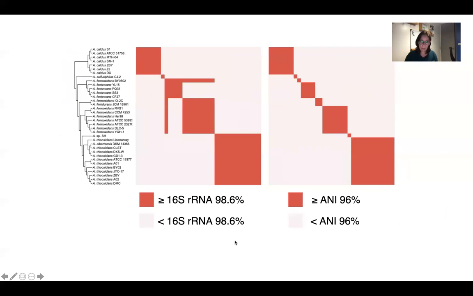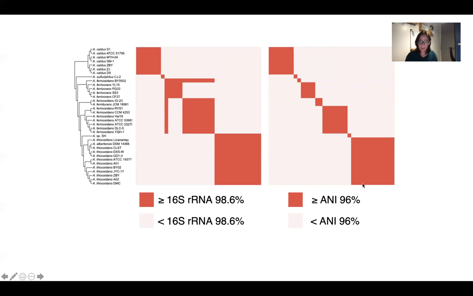So if we keep using the actual cutoff value used for species definition, we obtain 5 groups. However, if we use the new methods such as multi-locus sequence phylogenetic tree and whole genome analysis, we can increase the resolution, and we know that we have at least 10 groups in the Acidithiobacillia class.